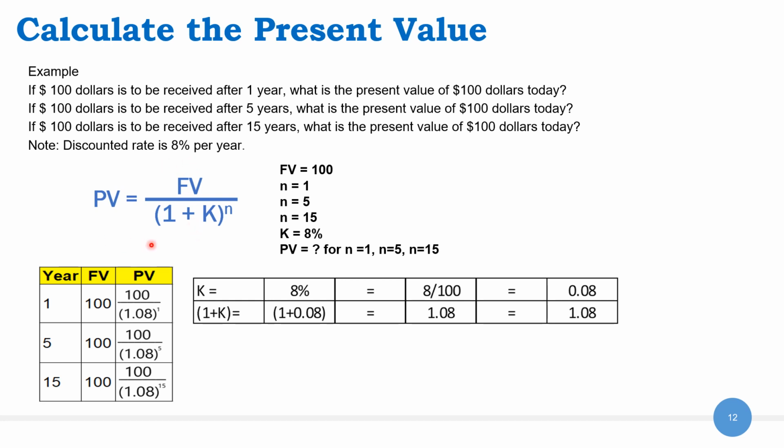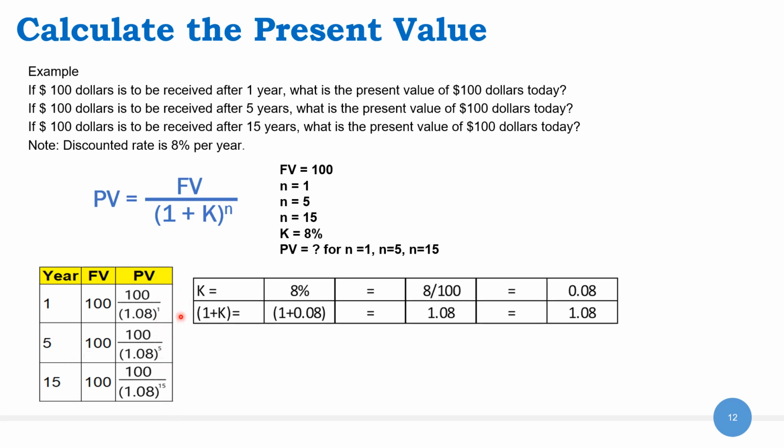So the formula is present value equal to future value divided by 1 plus k the whole power n. The k value is 8 by 100, that is 0.08. So 1 plus 0.08 is here, and the future value is given as 100 for the first year, the fifth year and the 15th year.